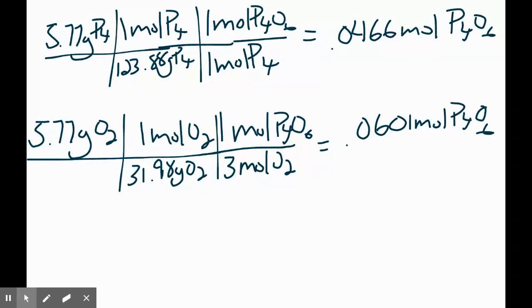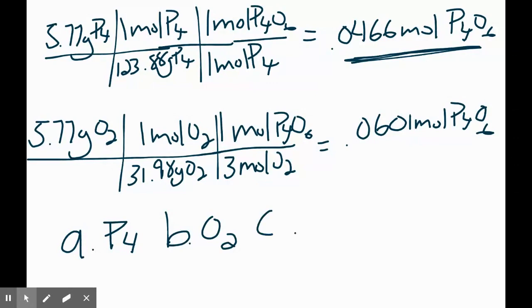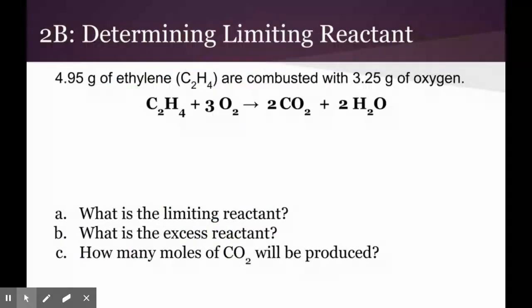So now remember, the limiting reactant is the one that is going to produce the lesser amount of product. So this is our lesser amount of product. So our limiting reactant is P4. Our excess reactant is O2. And the amount of P4O6 produced is 0.0466 moles of P4O6.